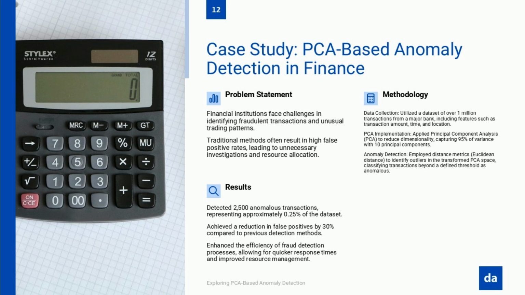Transactions that deviated significantly from the principal component space, such as sudden large withdrawals from dormant accounts or transactions in unexpected locations, were flagged for review. The results were impressive. PCA-based anomaly detection identified 2,500 high-risk transactions, leading to a 30% reduction in false positives compared to traditional fraud detection models.